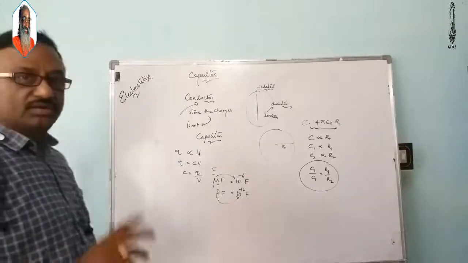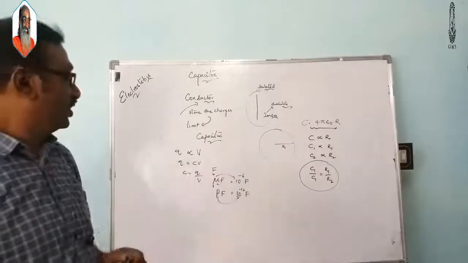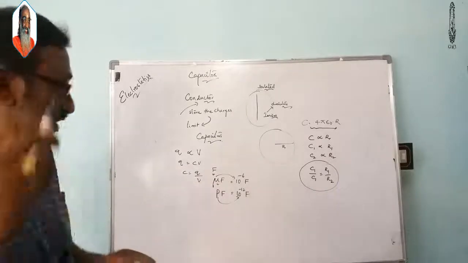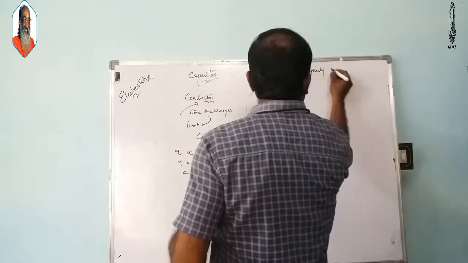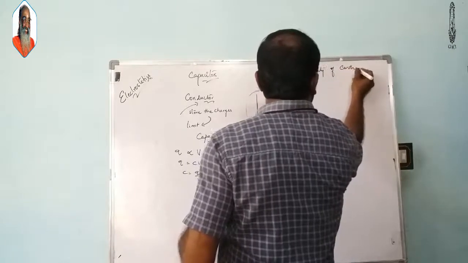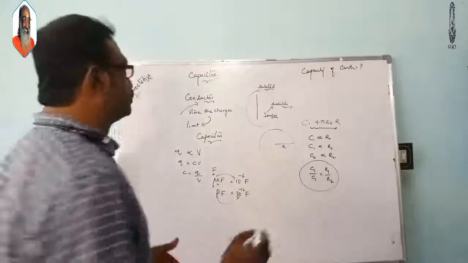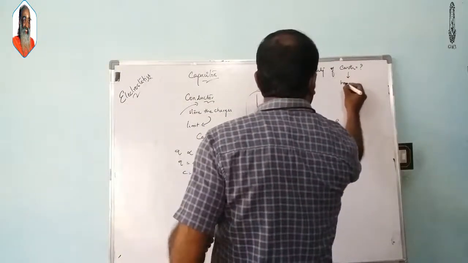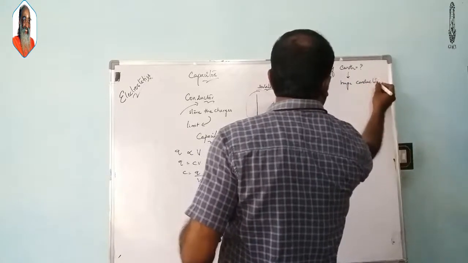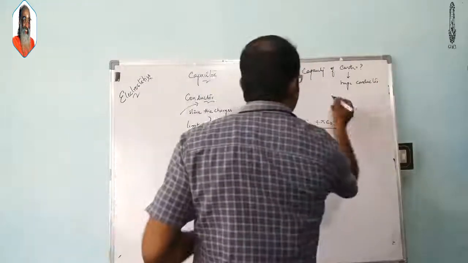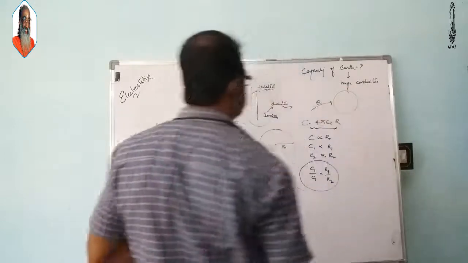Now we can discuss a very good example, a very good numerical. What is the capacity of the Earth? As you know, this Earth is a huge conductor, and if it is a conductor, certainly it can hold some charge given to it.